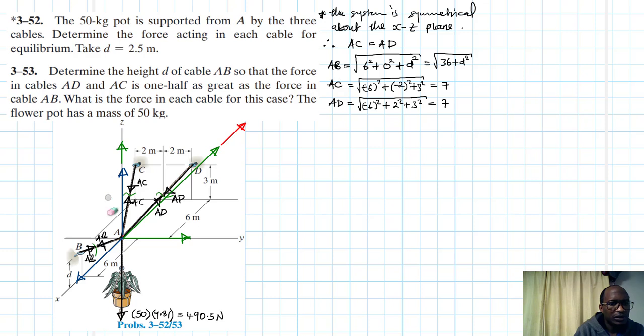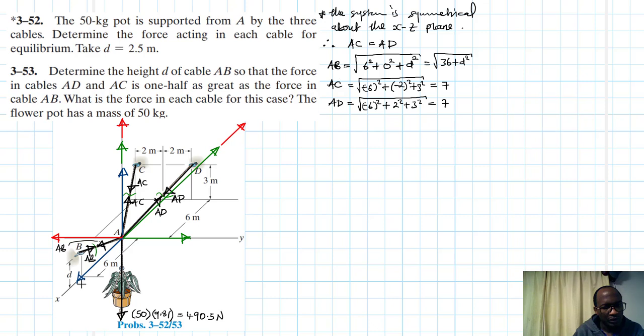Let me just write this somewhere. This is AB. So say we have a component also in this direction, and then we'll have a component along the Z axis. So let's label this.